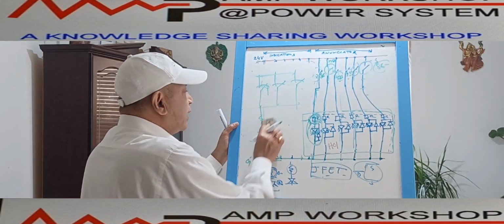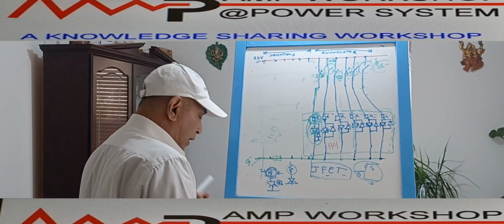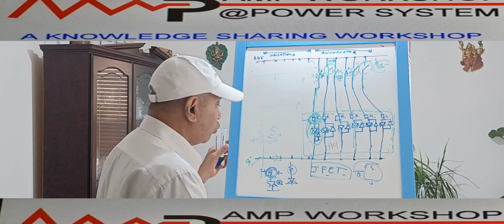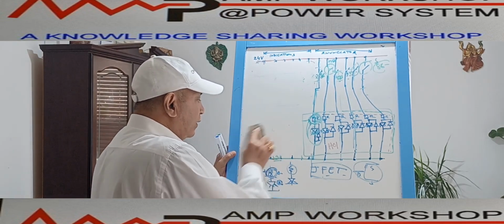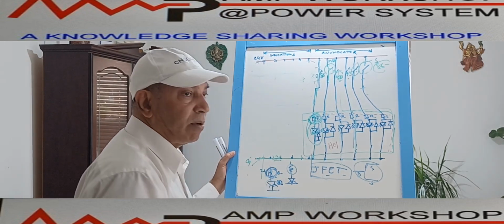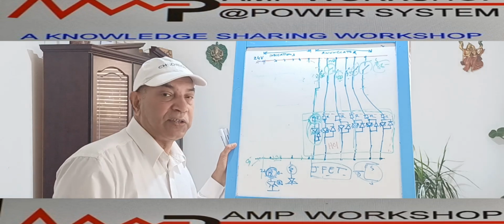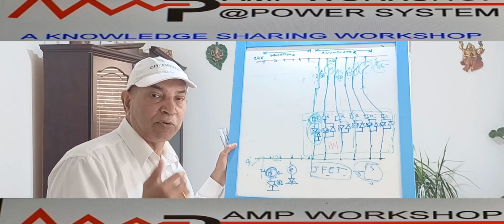Suppose this is the feeder giving power supply to a transformer. In that case, whether the transformer operation is in healthy condition also needs to be monitored. How can we monitor this? We have seen in the case of a transformer, there are various abnormal conditions. The transformer has various devices. Suppose the transformer is more than 5 MVA.